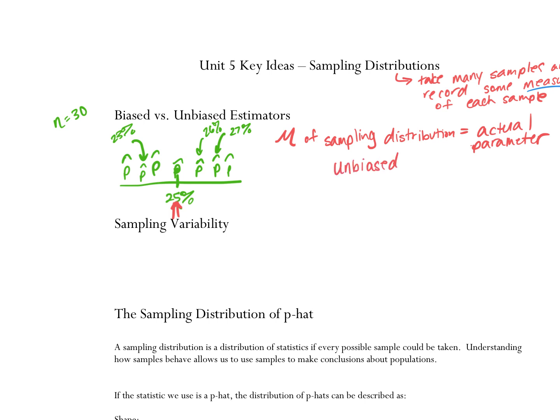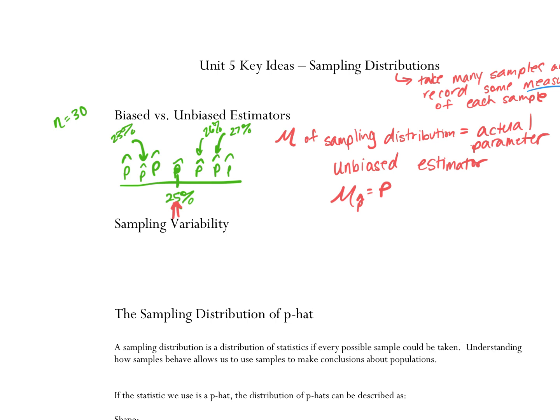So what do I mean by that? On average, the mean of the p hats is equal to the percent of the whole population. So we can say that p hat is an unbiased estimator of p.